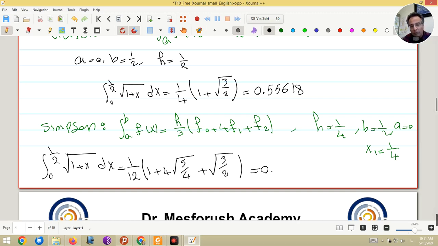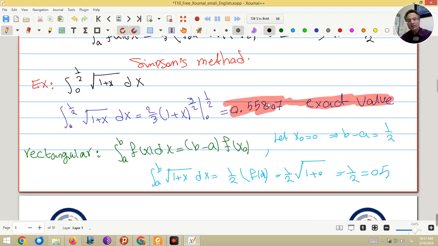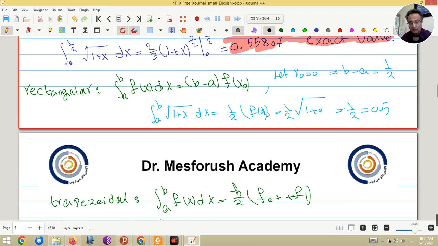And if you compute this value, it will be 0.55807. And if you compare this value with the exact value, you will find out that this is more accurate than the previous one, because 5 decimal points are equal to the exact solution.